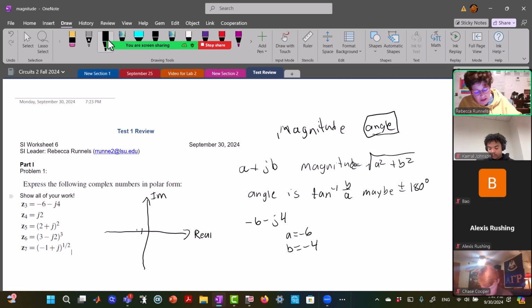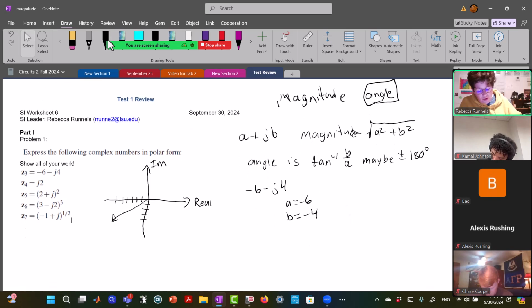So it's negative 6 on the real axis and negative 4 on the imaginary axis. It's right there, and usually we write it as a vector. So that is the complex number negative 6 minus j4. If I want to write it in polar form, I need to get the length of this vector, and I need to get its angle from the positive x-axis.